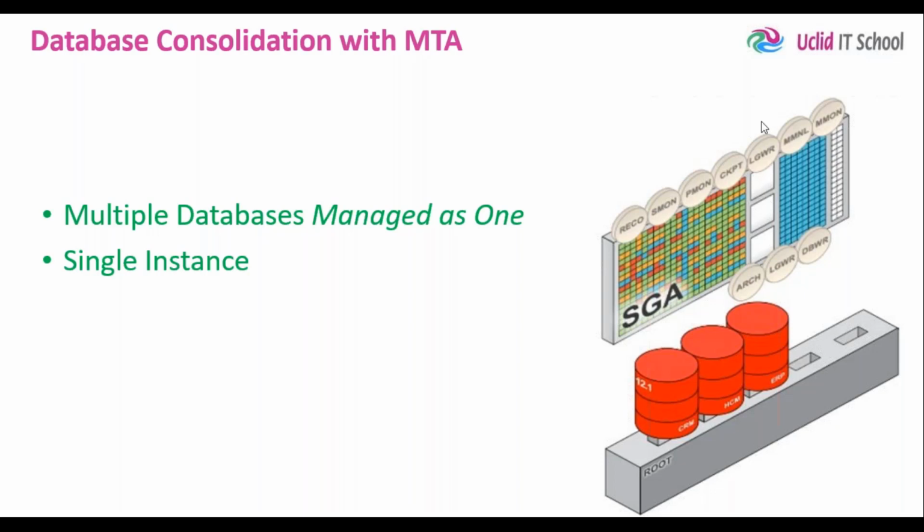Suppose in this picture, you can see you have 3 pluggable databases. These are all PDBs: CRM, HCM, ERP. Like that, you can have many other PDBs. Now you have one instance, one SGA, one set of background processes, which are shared among all these PDBs. With the sharing, you can effectively utilize the resources. When you deploy one database on a server, most of the time the server resources are idle, underutilized.